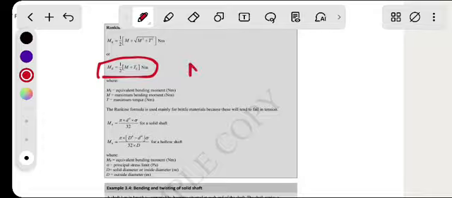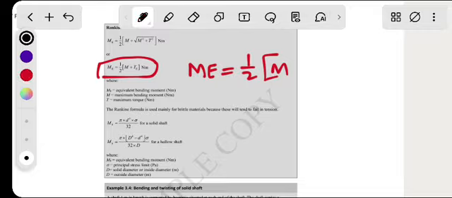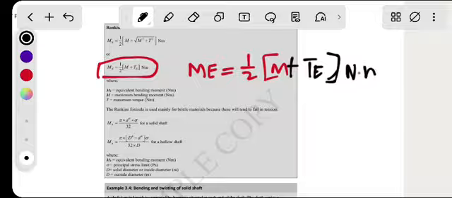Most of the time we'll use this 1 over 2, where M is the maximum bending moment plus Te, the equivalent twisting moment, in brackets like this, measured in Newton meters.